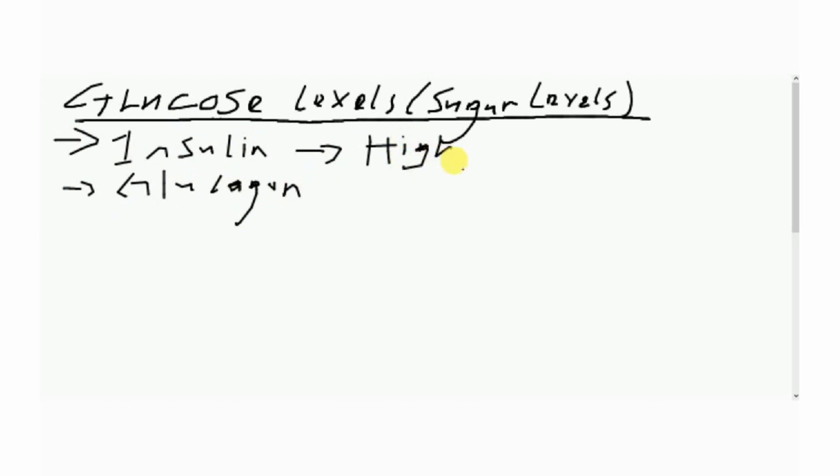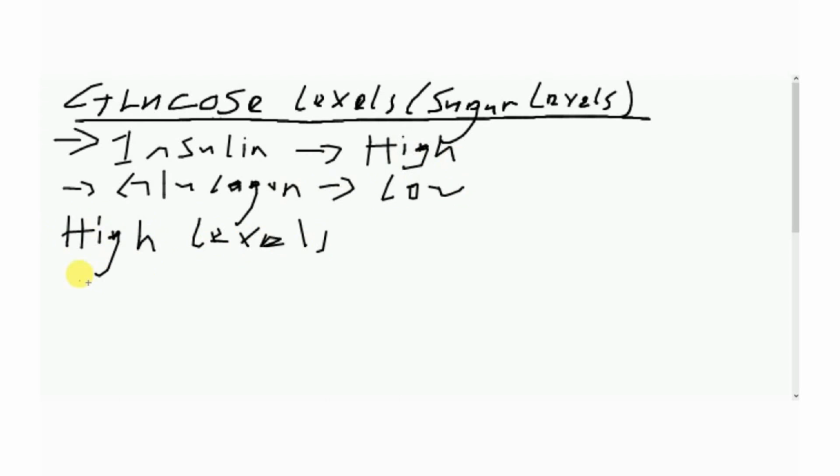Insulin is produced when there is a high concentration of sugar in the body, and glucagon is produced when there is a low concentration of sugar in the body. We are going to start with the processes involved when there is a high concentration of glucose levels. So high levels of glucose.